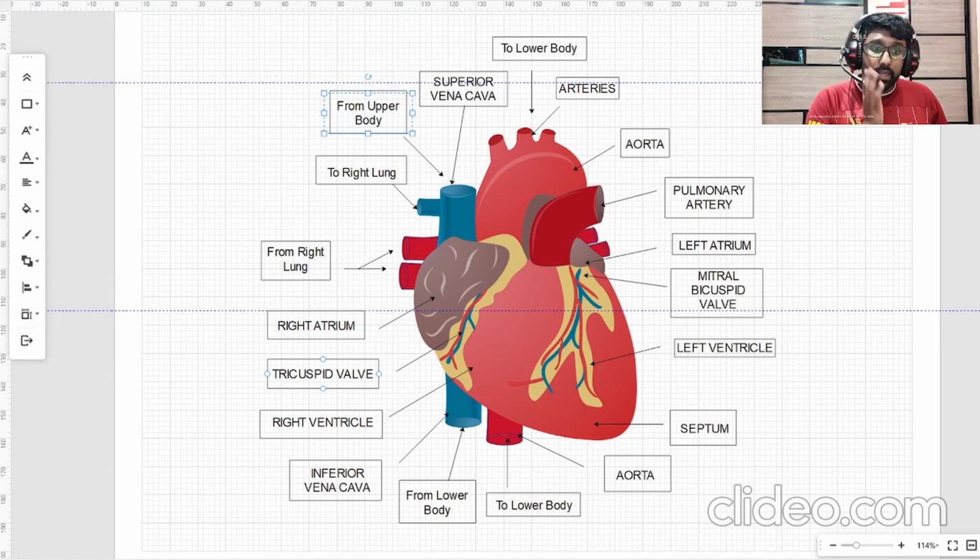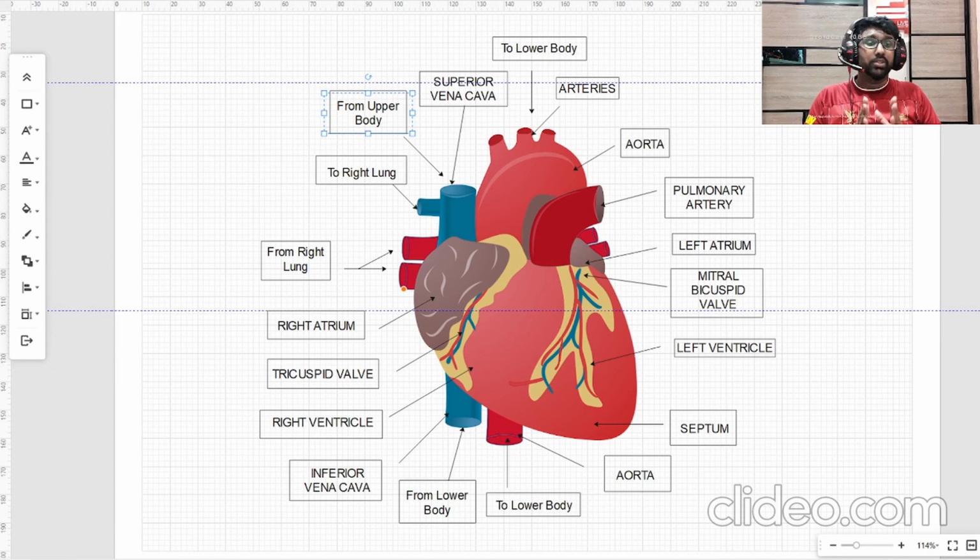Okay, and then we have the mitral bicuspid valve. The mitral bicuspid valve is usually known as a mitral valve. So the mitral valve serves a similar function like the bicuspid, where it prevents blood from flowing backward as it moves through the heart, because the mitral bicuspid valve is in the middle, a bridgeway from the left atrium to the left ventricle.